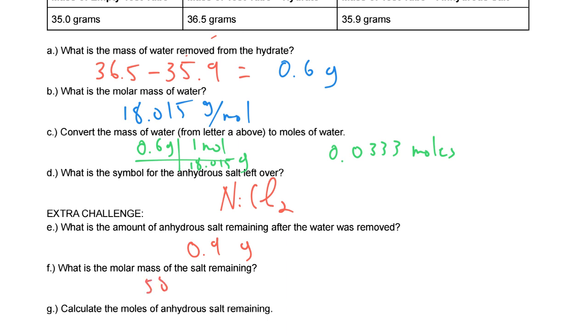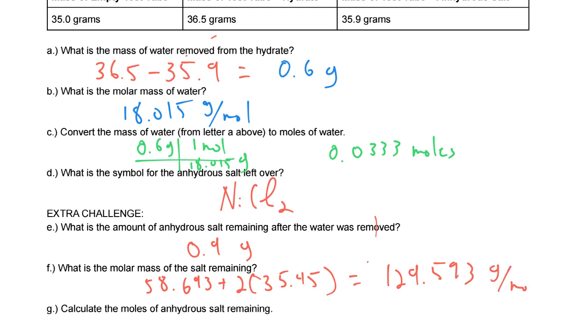Nickel is 58.693 plus 2 chlorines, 2 times 35.5, gives us a molar mass of 129.593 grams per mole.